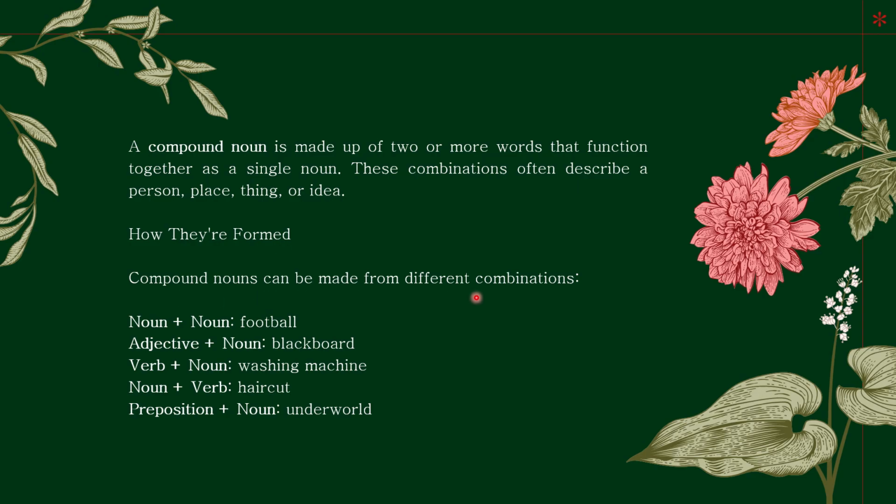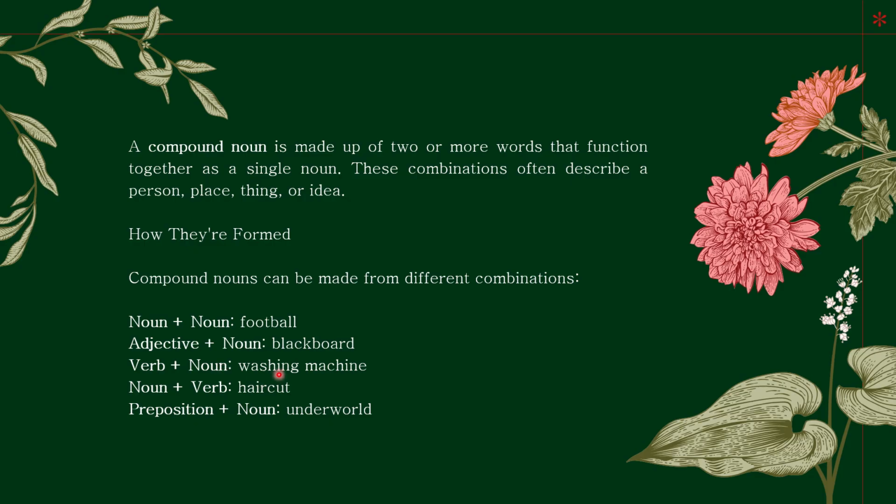Compound nouns can be made from different combinations, like a noun and noun. So foot is a noun, ball is a noun, and together they form football. Adjective plus noun. So black is the adjective, board is a noun. So together it forms blackboard. Then you have verb plus noun.